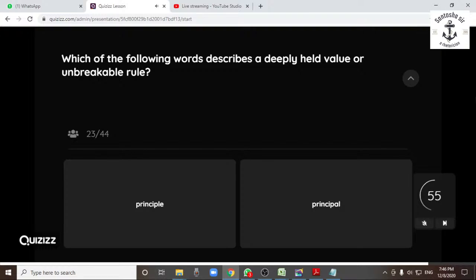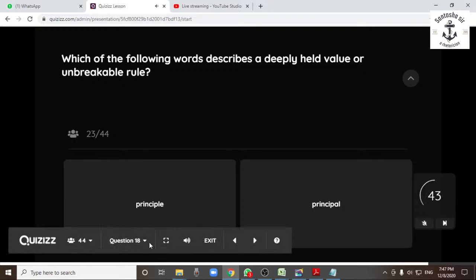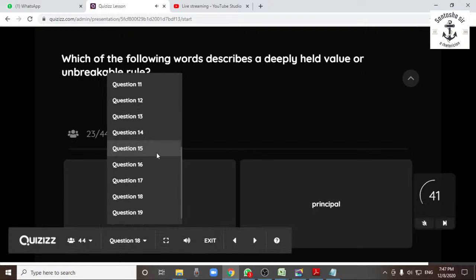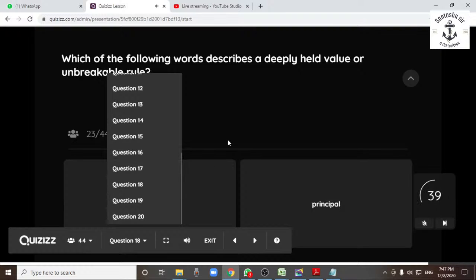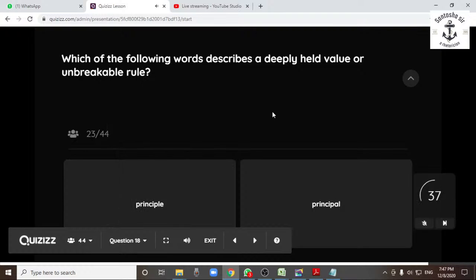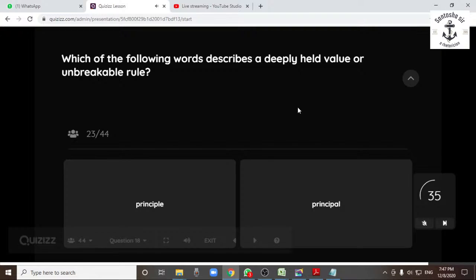Which of the following words describes a deeply held value or unbreakable rule? 50 seconds more. So you have 2 more questions to go. 35 seconds.